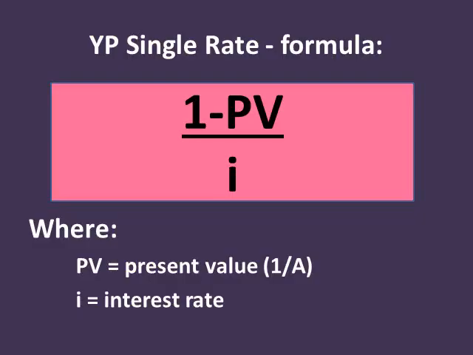So this is the formula: 1 minus PV over i. If you still remember, PV is actually 1 over A. So it means 1 minus 1 over A, then you divide by i, the interest rate.